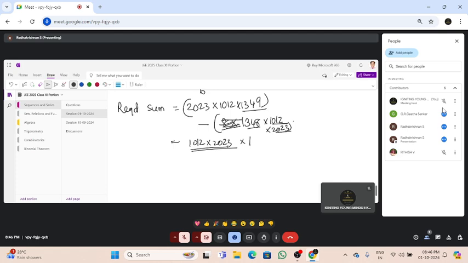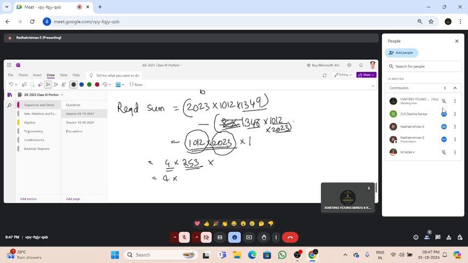Okay. This 1012 we can factorize as 4 into 253. So here the square is coming. Similarly, factorize 2023 and the problem is done. Because 253 we cannot factorize, this is prime. No, it is factorized. 23 times 11. 17 into 7, 17 square.